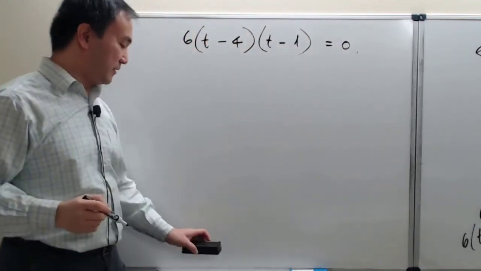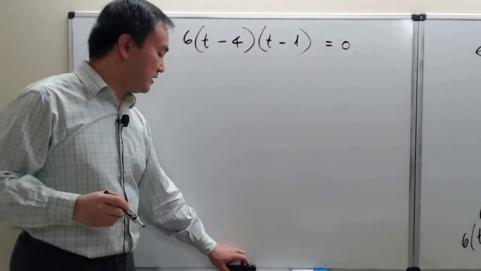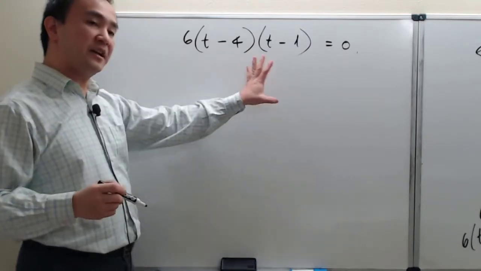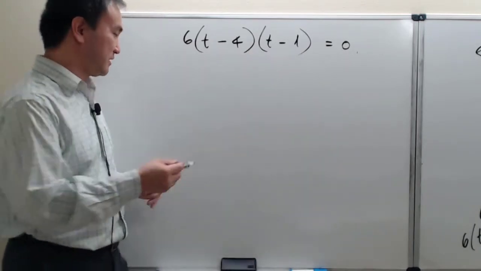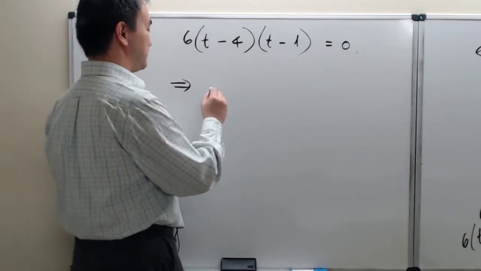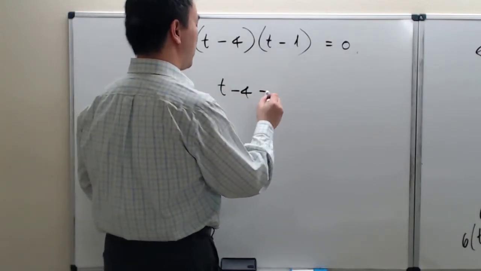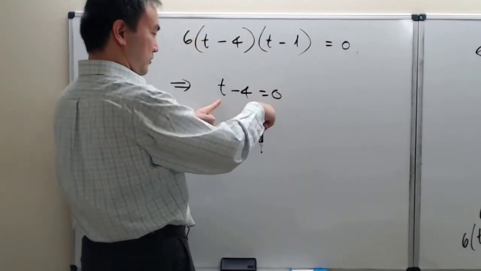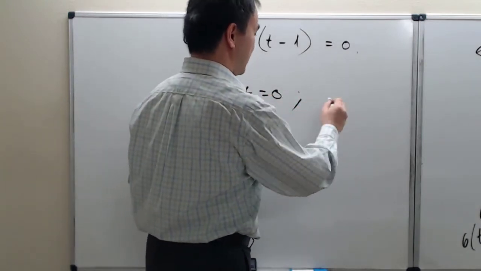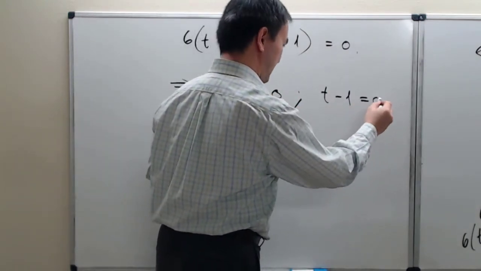Once we have completely factored our left hand side, we're going to produce two little equations: t minus 4 equal to 0, the first factor, and another equation, t minus 1 equal to 0.